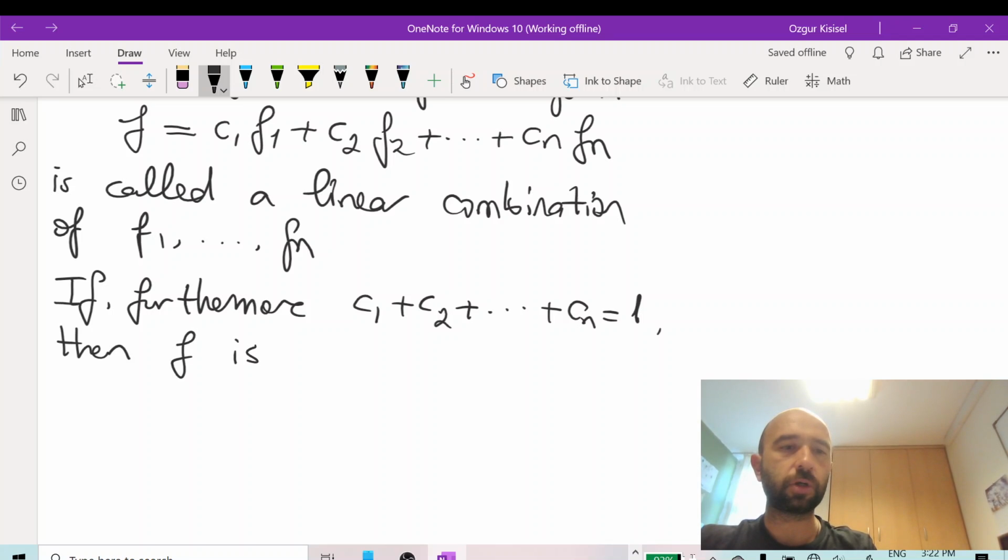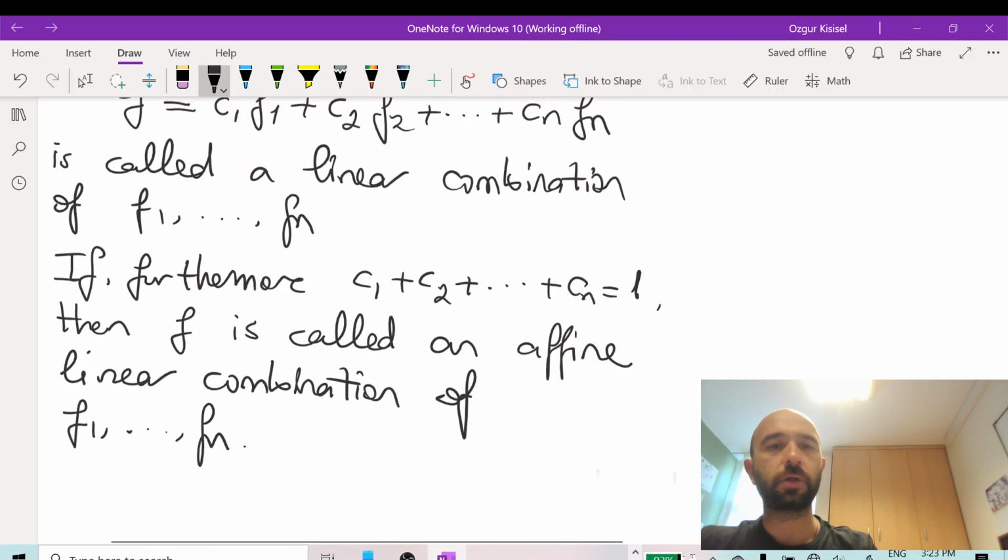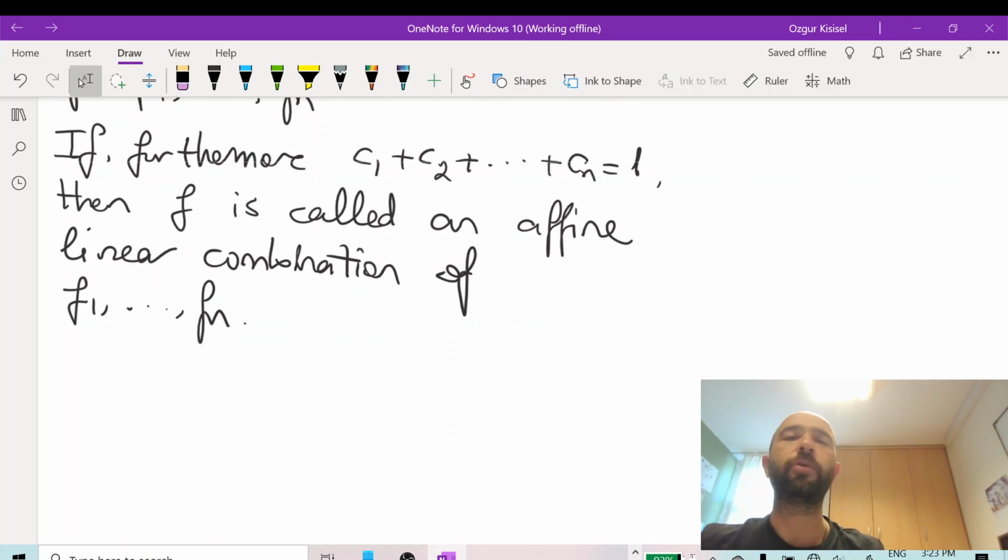It is called an affine linear combination of the given functions. This is a special case, the sum of the constants is equal to 1, but it's going to pop up quite often, so it deserves a special name.